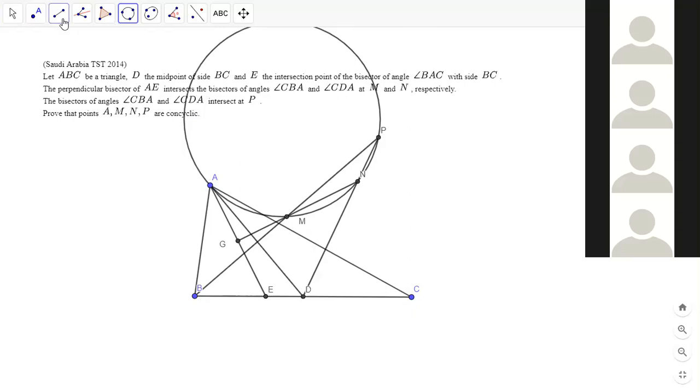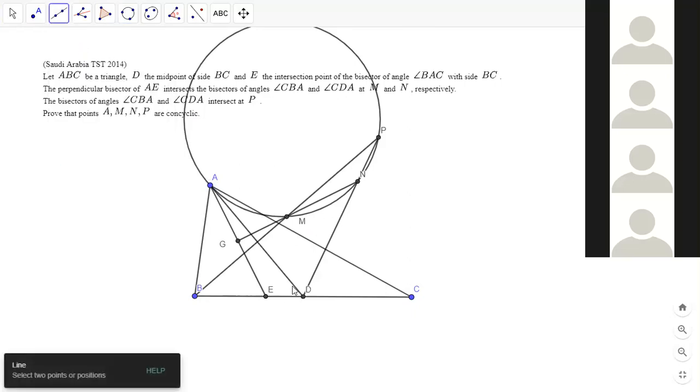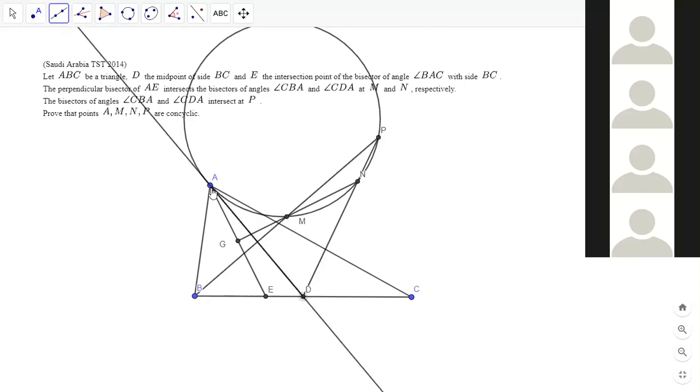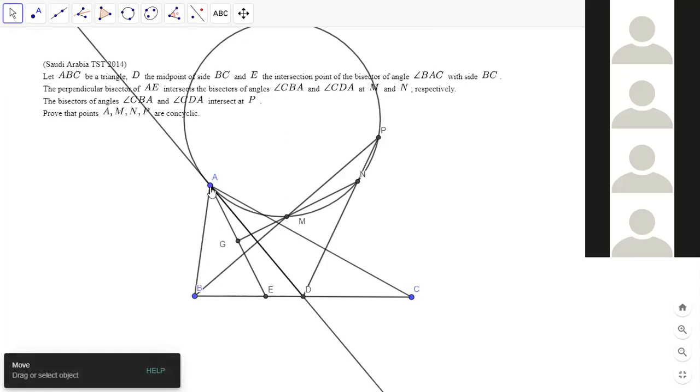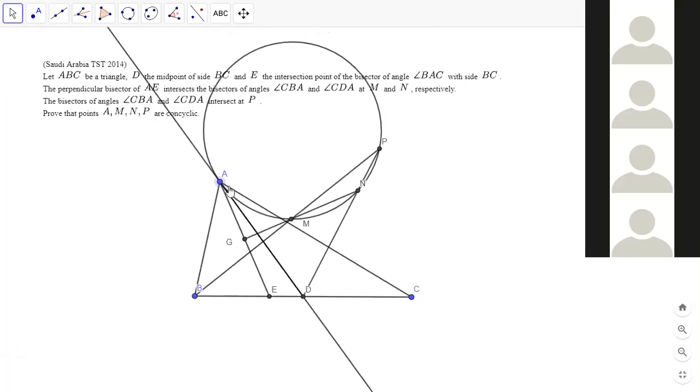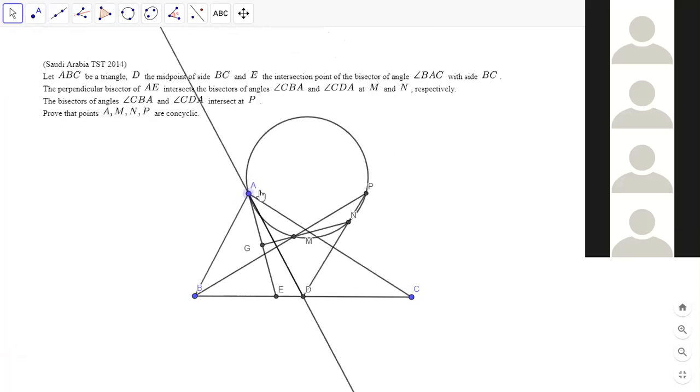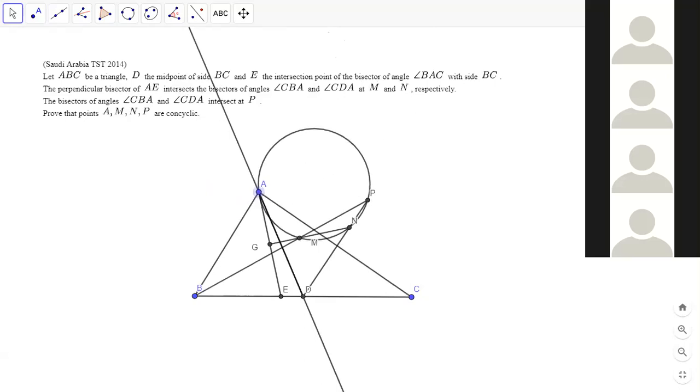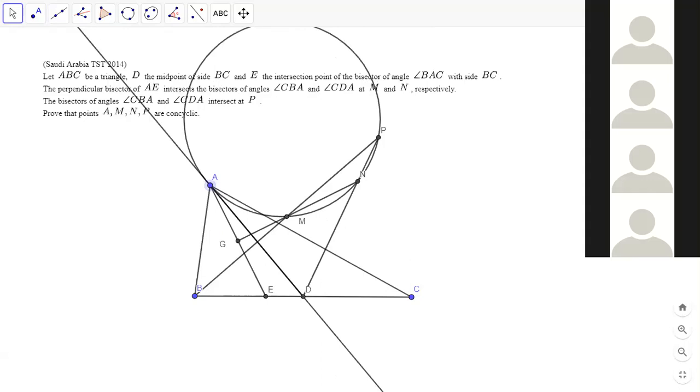Is AD tangent to the circle? Let's see. Yeah, it looks like AD, oh no, it can intersect it. So AD is not necessarily tangent. Is AE? No, AE doesn't look tangent.